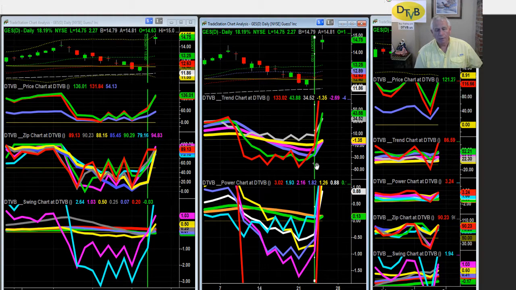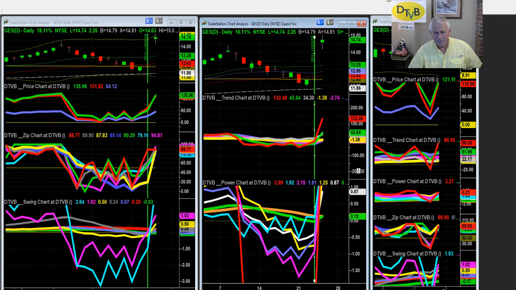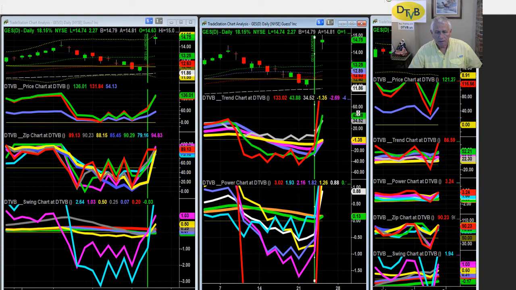When they're separated, it causes things to happen because the two forces, which are paired together, synchronized together, running together most of the time, are now separated, and so then you see a huge thing. In fact, if you look the next day, trend red is 132 and trend green is 43, so now you have a 90-point separation between green and red on the gap day.